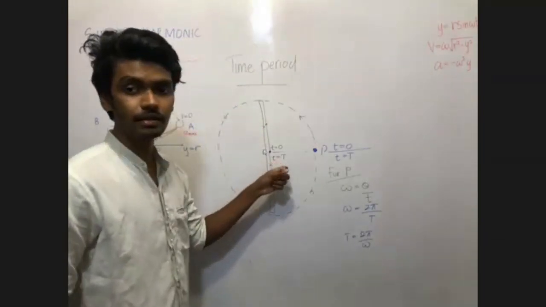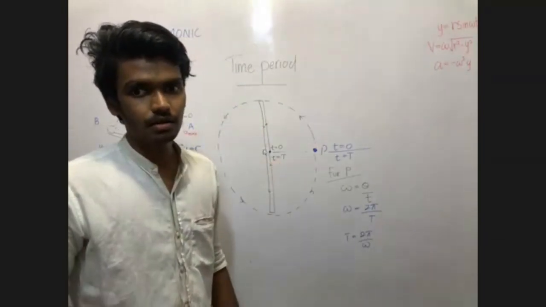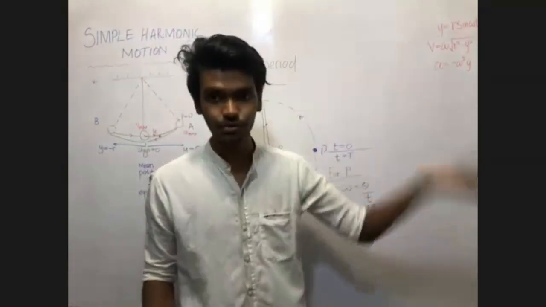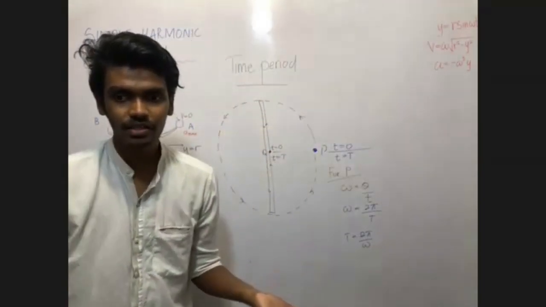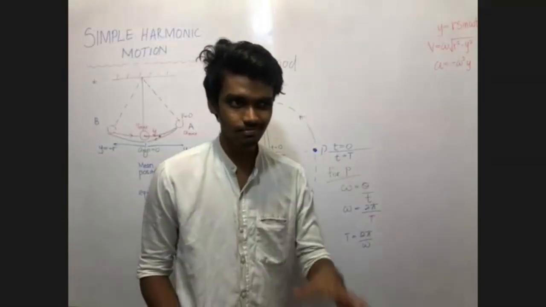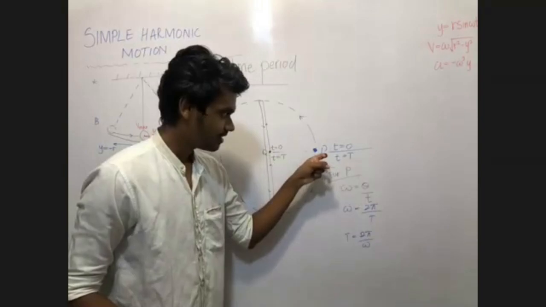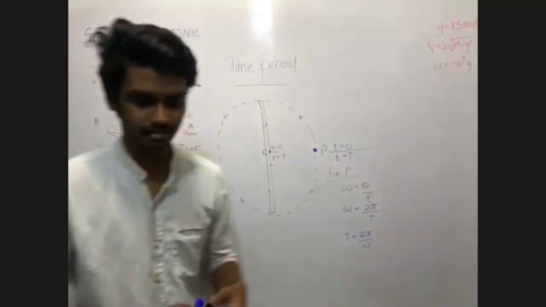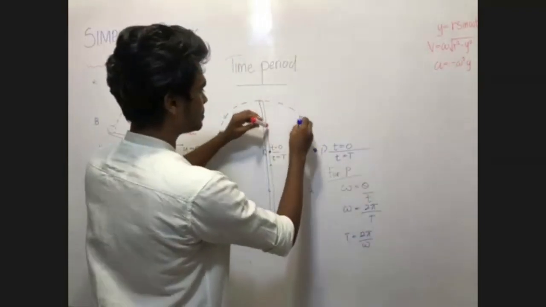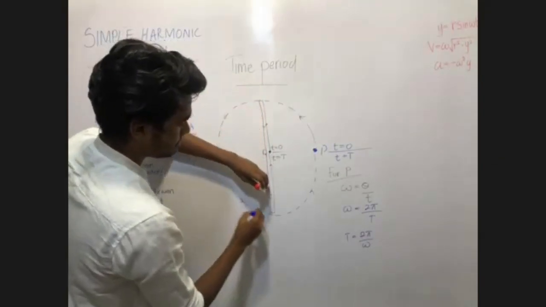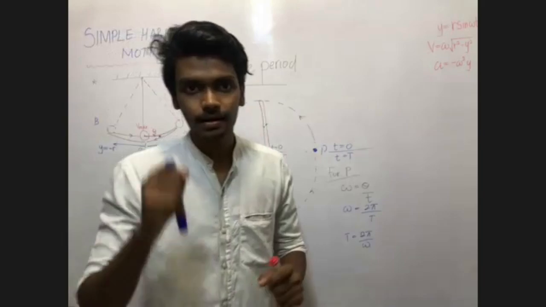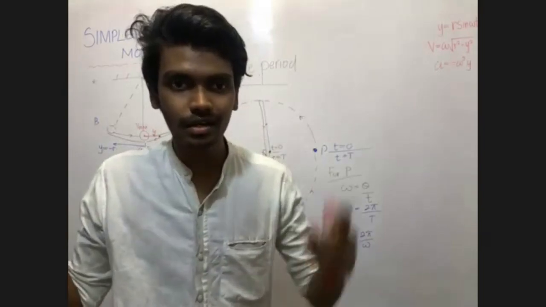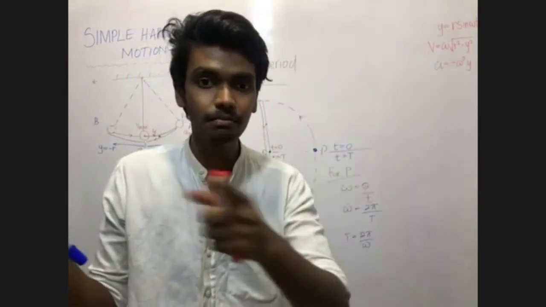So now I'm going to find the time period of an oscillation. How am I going to find it? By using the circular motion. All the other equations were also found in the same way. Are they going to have the same time period or different? When P performs one complete revolution, Q performs one complete oscillation.